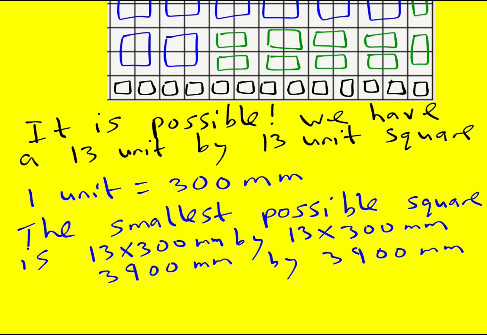Millimeters is a very strange choice. You should have at the very least changed it to centimeters at the start. But this is going to be meters, 3.9 meters by 3.9 meters.